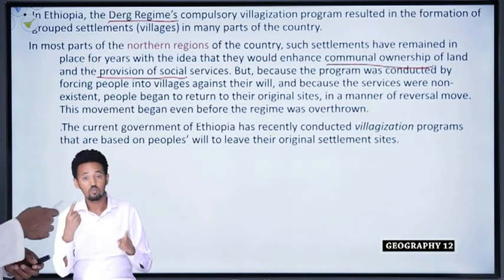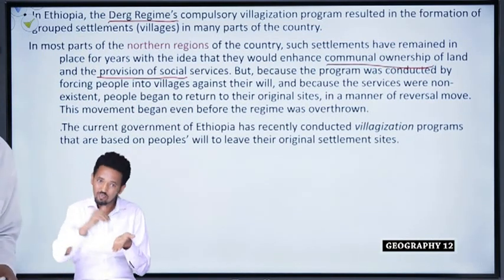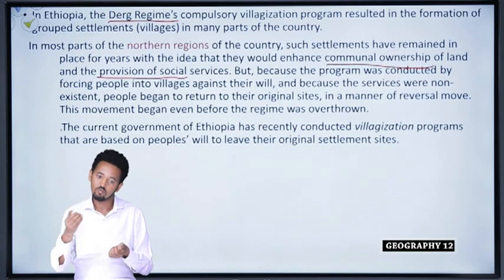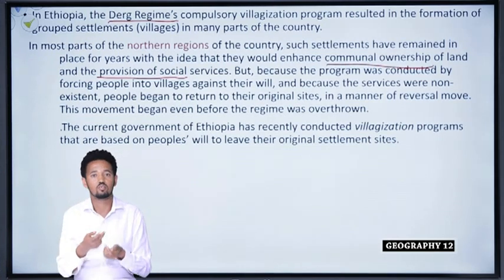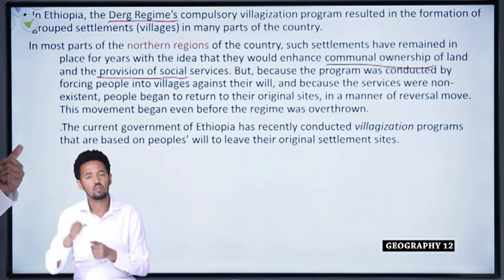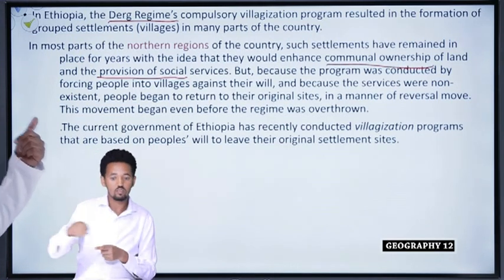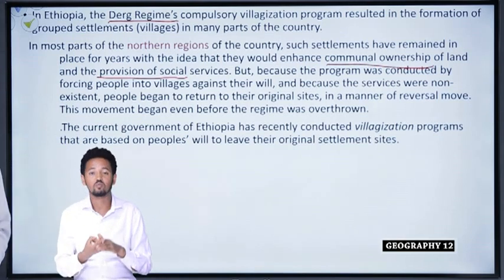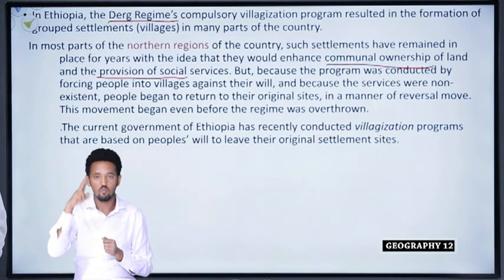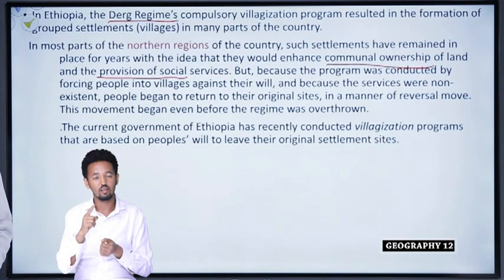Therefore, the people began to return to their original places, even in a manner of reversal. This movement began even before the regime was overthrown, that means at the time of the Derg regime.